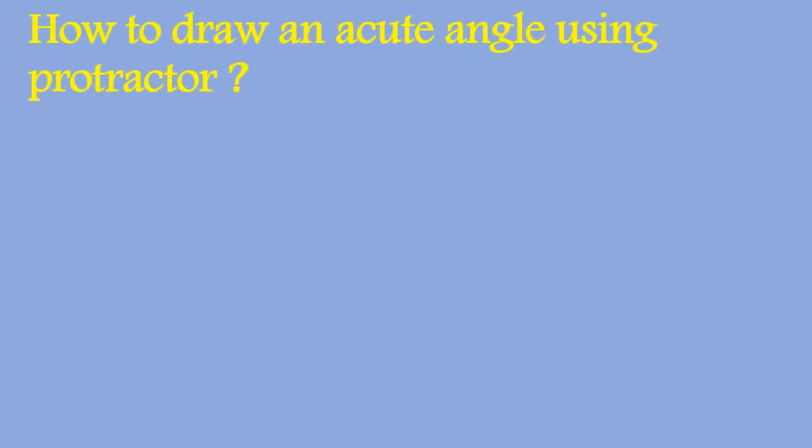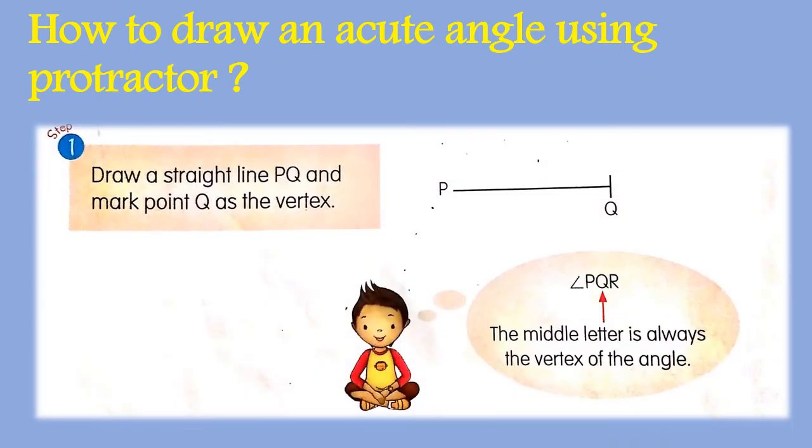Okay, now we draw angles. How to draw an acute angle using a protractor? I'm going to draw an angle called angle PQR. First you have to draw a straight line called PQ and mark point Q as the vertex.